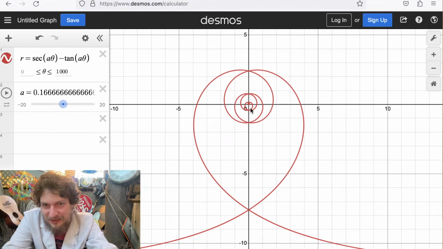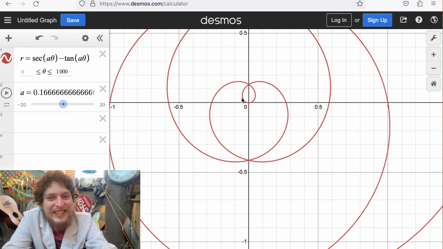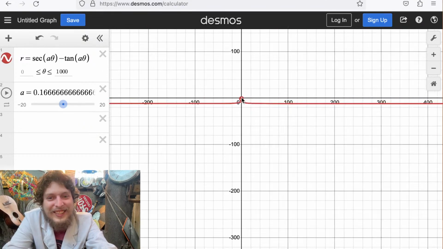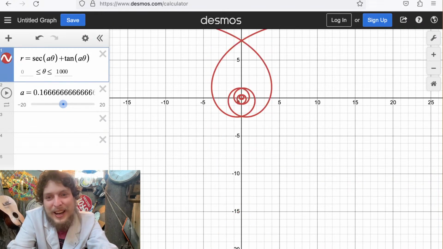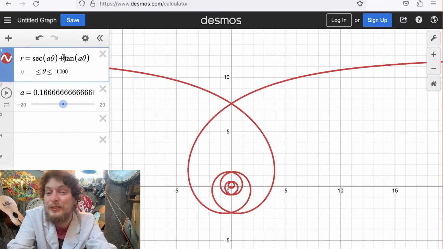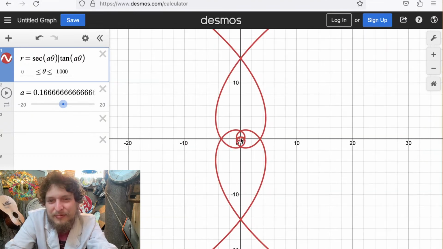Loop at the top, loop at the top. And it goes until we hit this center loop that makes it symmetrical. And then this one just goes all the way off to the side like that. Now, if we do plus instead of minus, it just sort of flips that. And if we do times, it sort of doubles and stretches it.